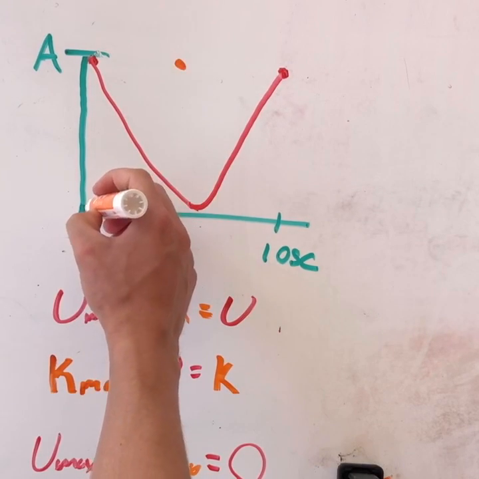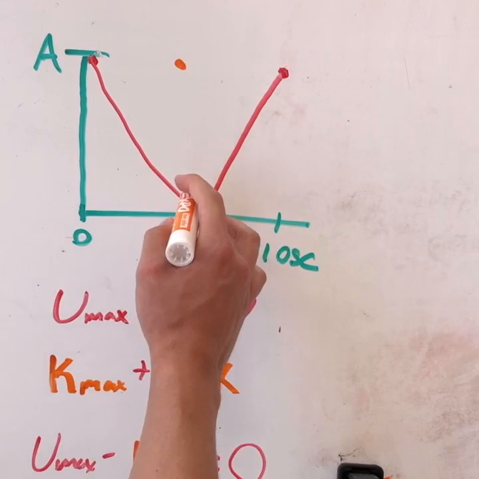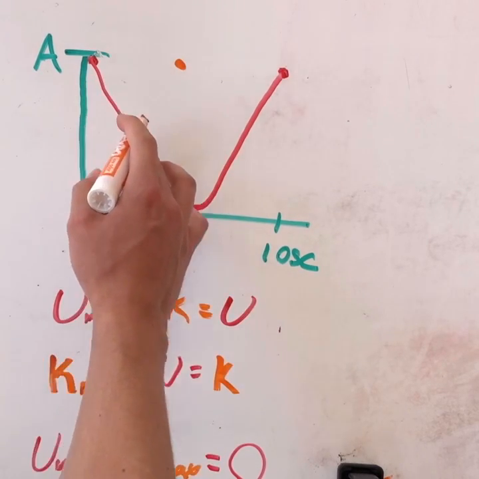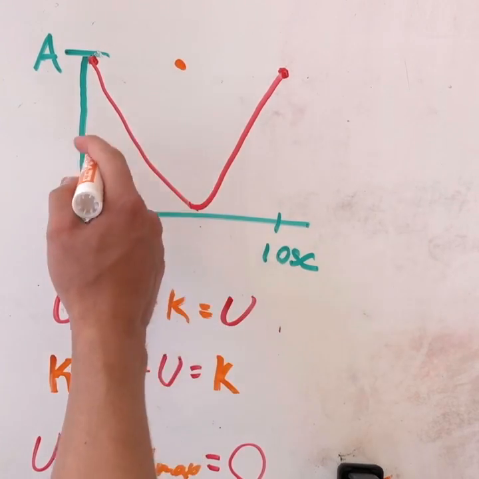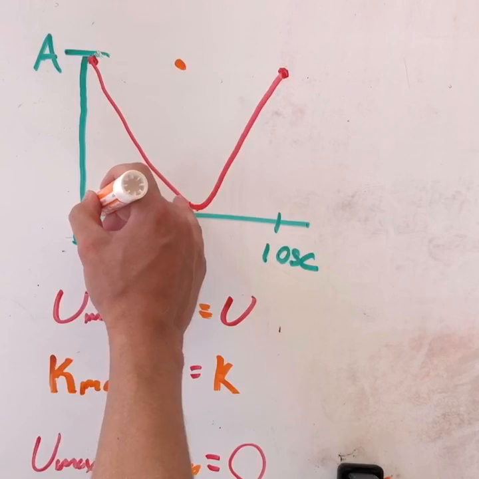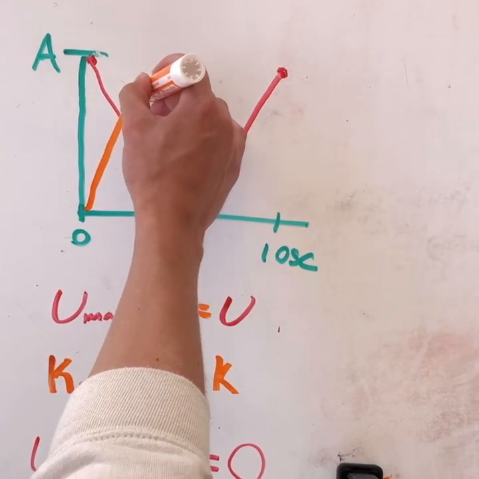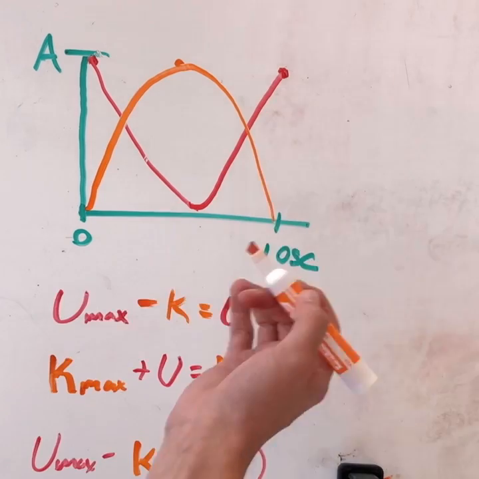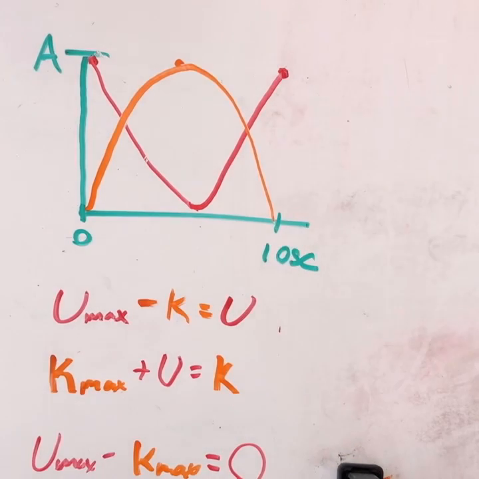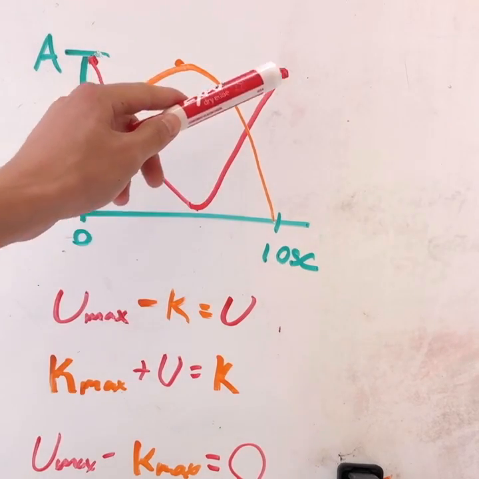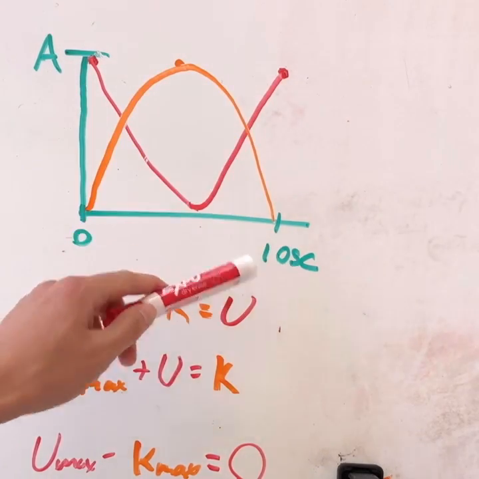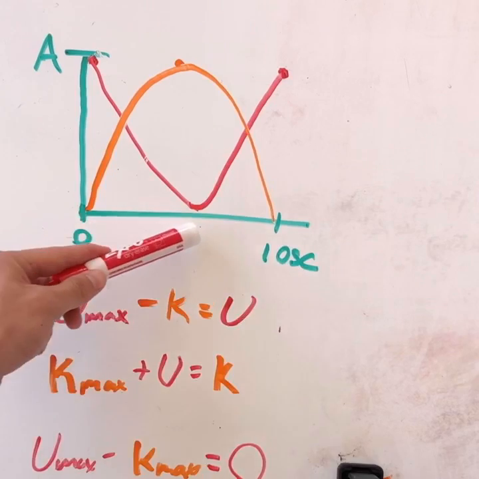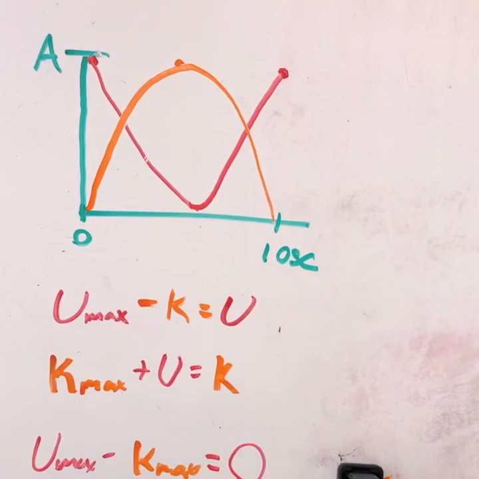But as the potential energy goes down, the kinetic energy is going to go up because the energy of the system has to be conserved. Right, so we get an arc like that. And so here we can see the relationship between potential energy in red and kinetic energy as it goes through one oscillation.